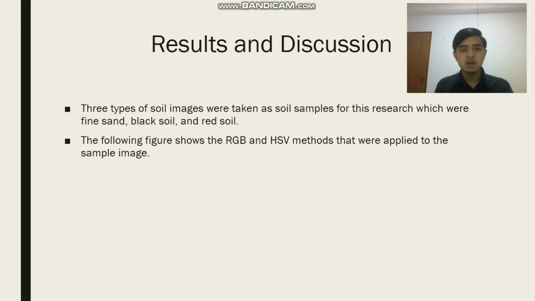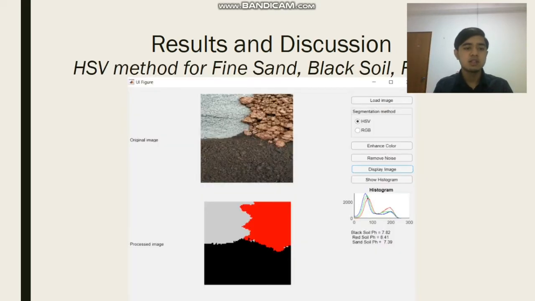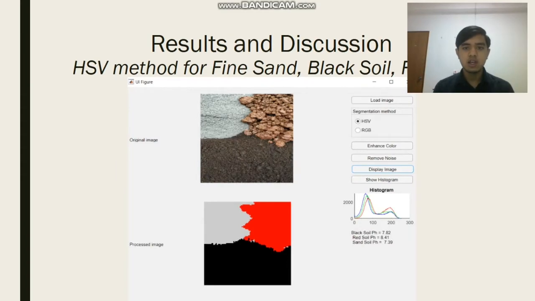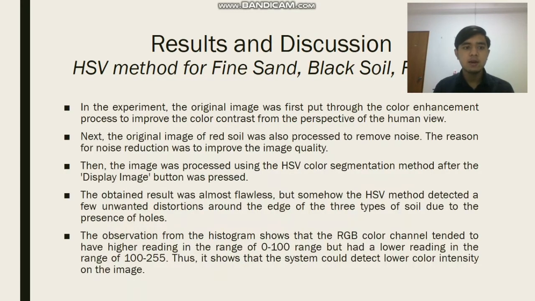Three types of soil images were taken for this experiment, which are fine sand, black soil, and red soil. The following figure shows the RGB and HSV methods that were applied to the sample image. This figure shows the HSV method of image processing. In this method, the original image was first put through a color enhancement process, which improves the color contrast from the picture shown, because it is from the perspective of human view.